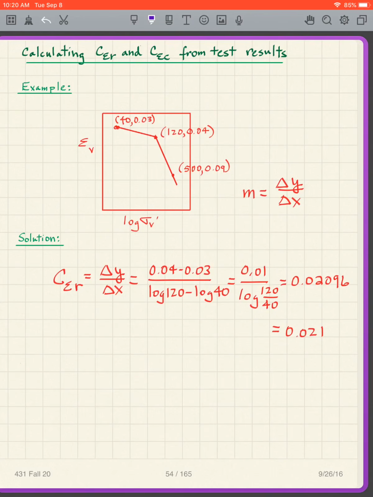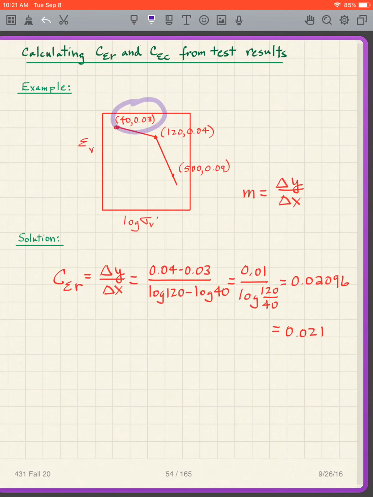So we all know that slope is delta y over delta x, and so for instance, C epsilon r is delta y over delta x, and I'm going to take these 2 points.